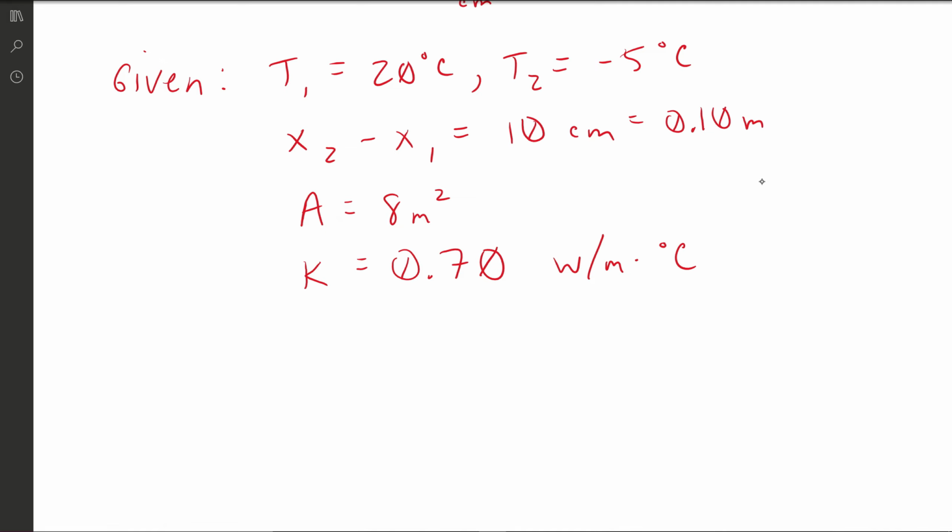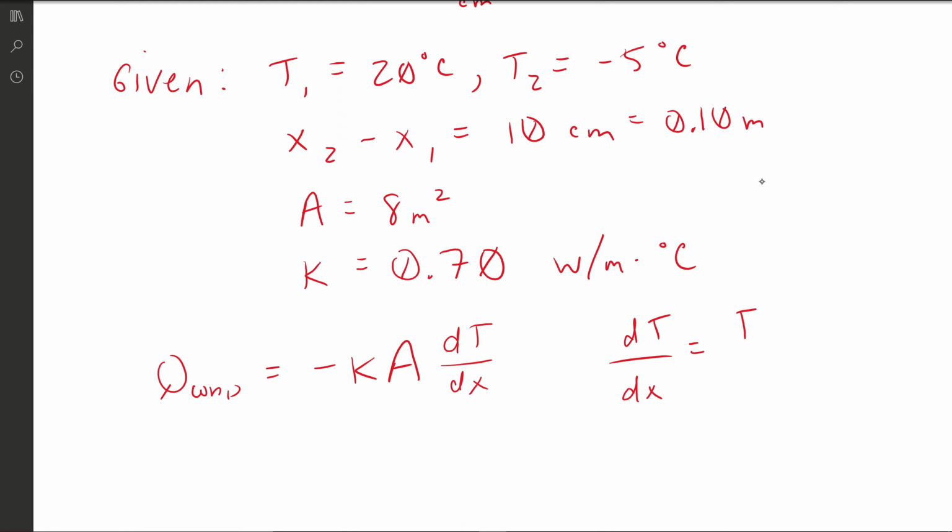All right, so we have Q conduction is equal to -K times A times dT over dx. So dT over dx is basically that temperature gradient I spoke about earlier, the change in temperature over the change in x. So T sub 2 minus T sub 1 over x sub 2 minus x sub 1.